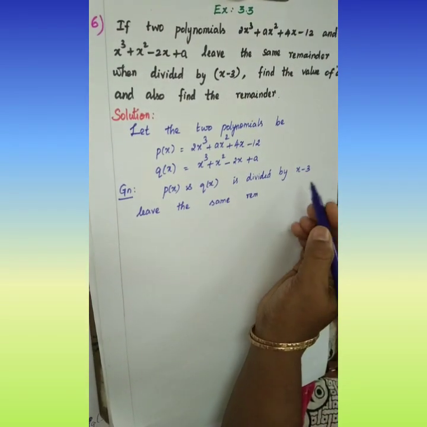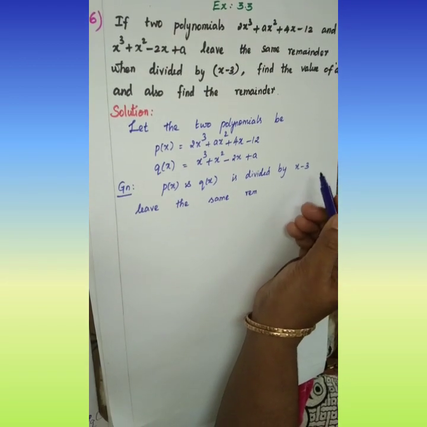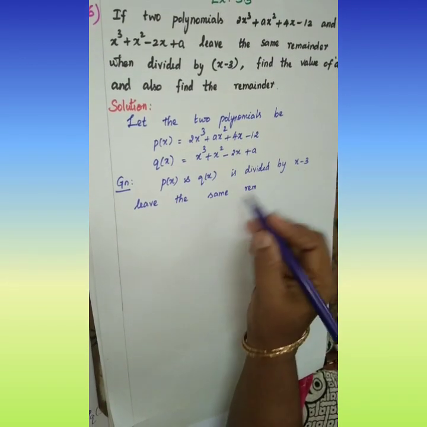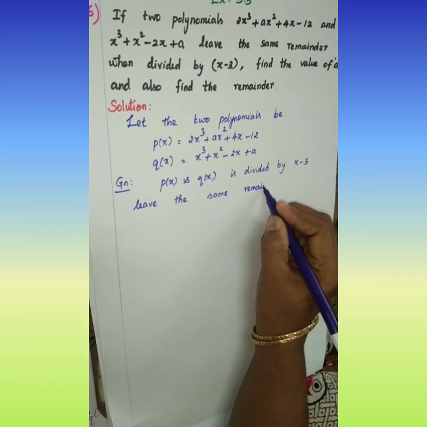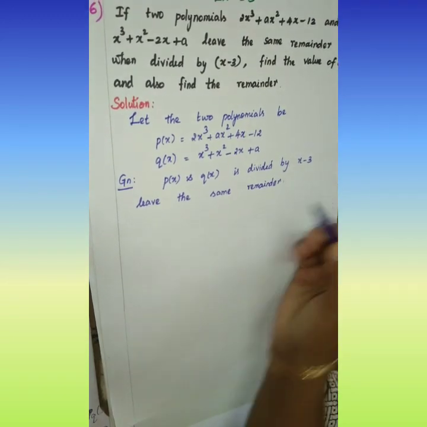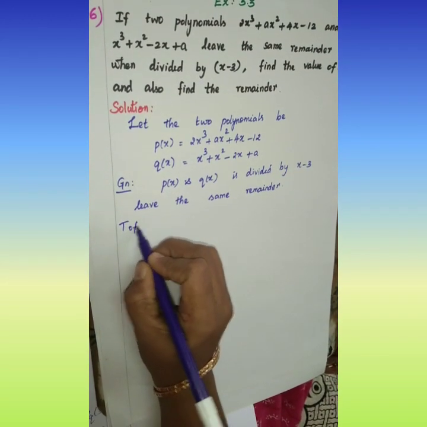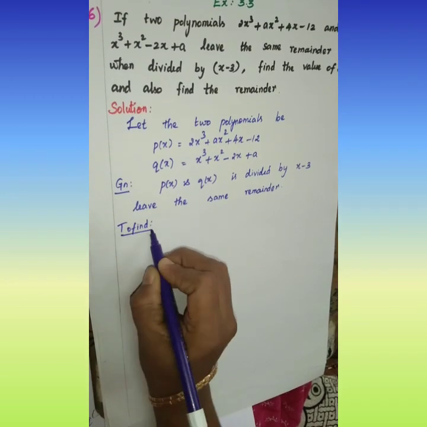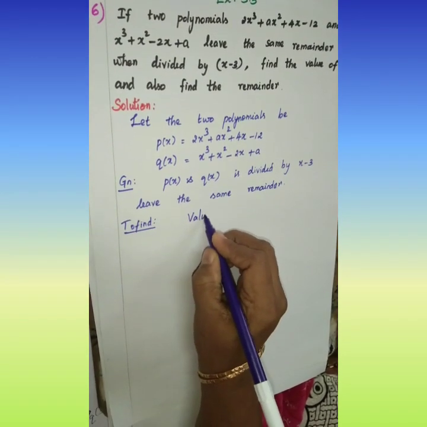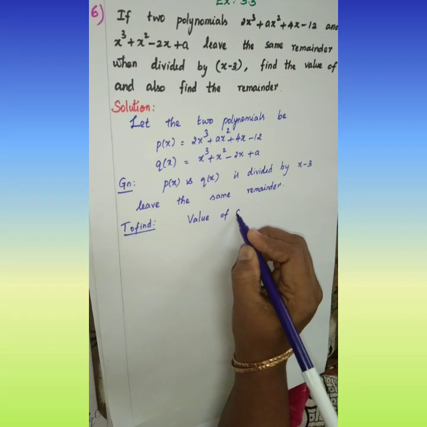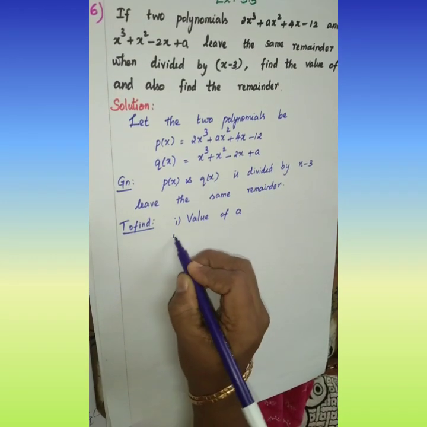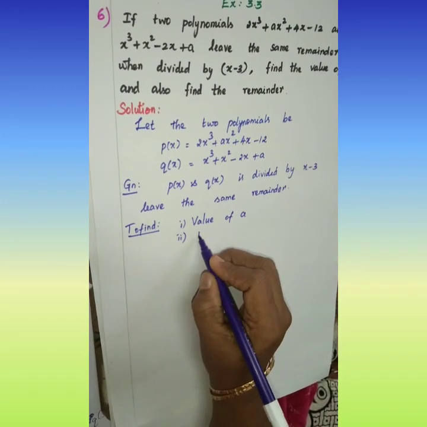So when we divide by x minus 3, we get the same remainder. To find the value of a and also find the remainder.